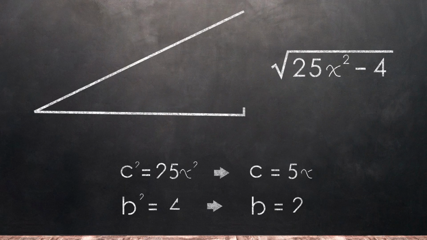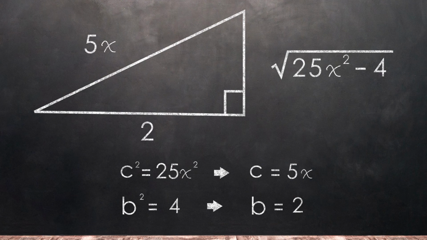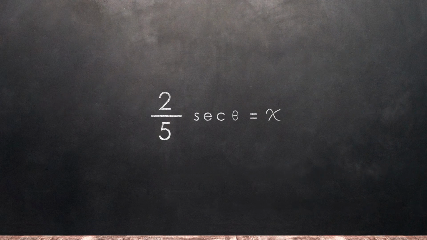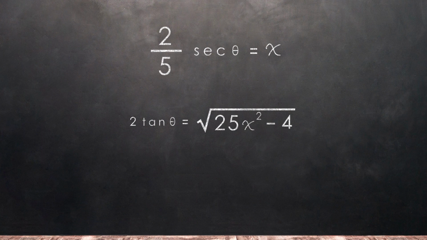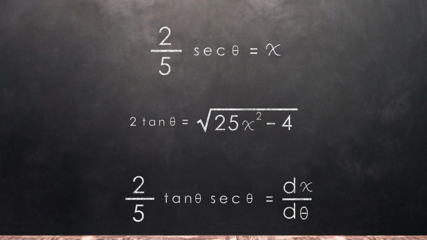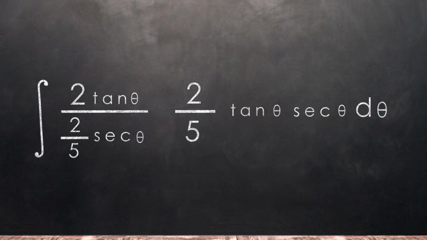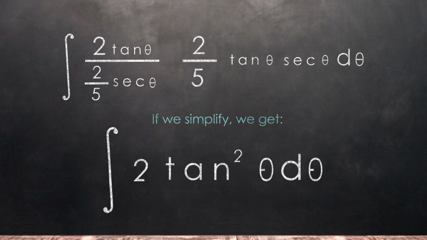The hypotenuse will have length 5x, and the other arm of the triangle will have length 2. Then we choose our reference angle and solve for x, dx, and root 25x squared minus 4 in terms of theta. Now we can substitute everything into the integral and simplify.